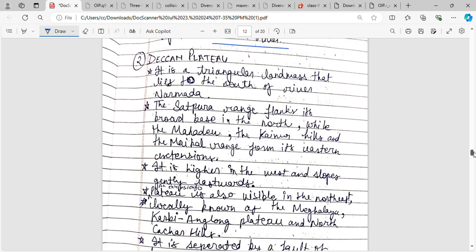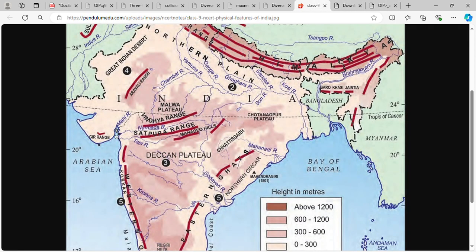Now the second division of these plateaus is Deccan Plateau. Peninsular Plateau is Deccan Plateau. The first point is it is a triangular landmass that lies to the south of River Narmada. Hope you can see this River Narmada. After that, it forms like this, a triangular landmass.